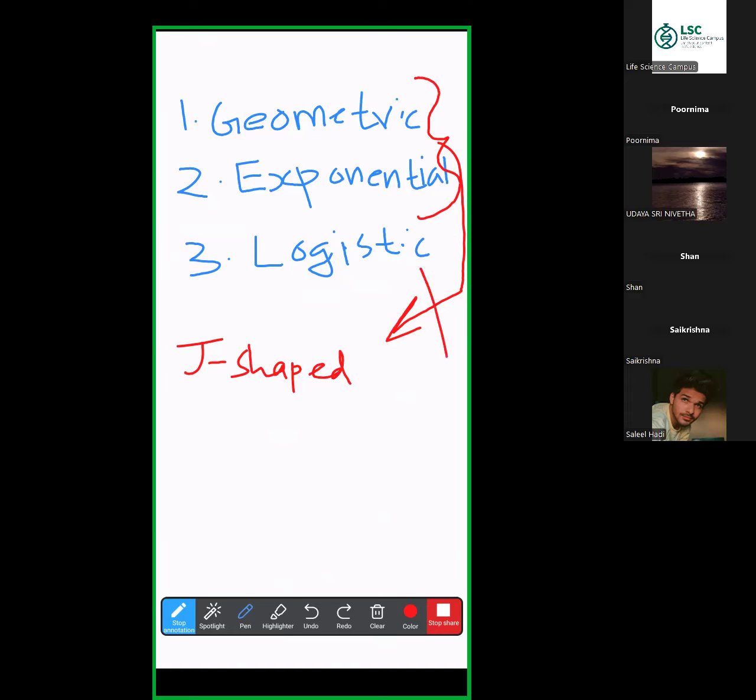And logistic growth produces sigmoid curve or S-shaped growth curve. These geometric and exponential growth models consider resources are unlimited.